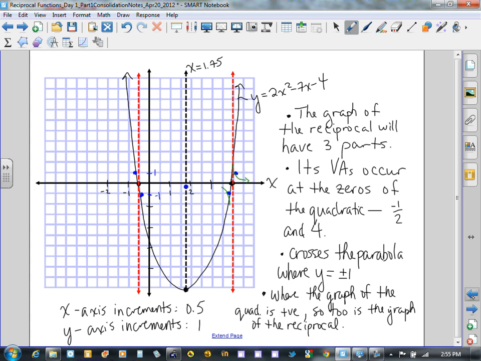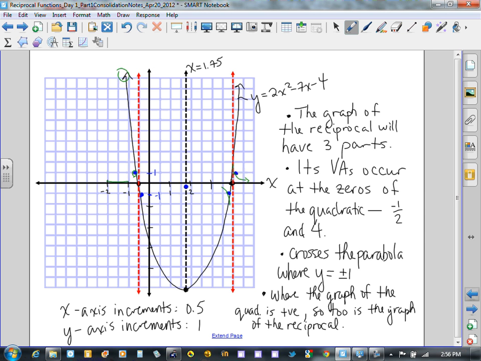So I'm going to move from left to right as if I were reading a graph. And if I consider this point of intersection to the left, the y values, as you can consider them here, are increasing. And that's as x increases. That is moving further to the left towards negative infinity. So as those values grow larger, we would expect that the y values are going to tend towards 0.